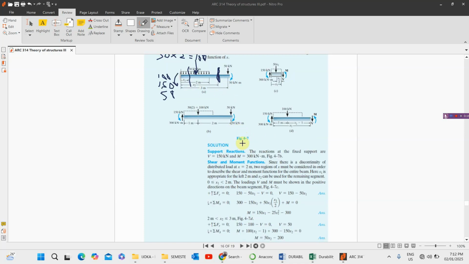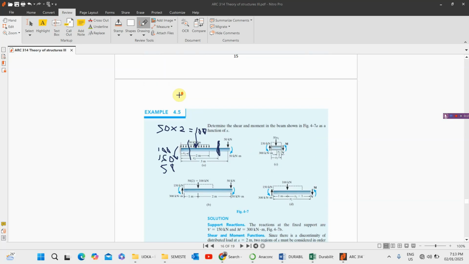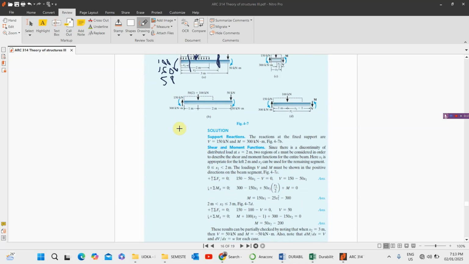do we have another moment again? Plus, we consider this moment 300 minus this shear force. What is its own calculation?